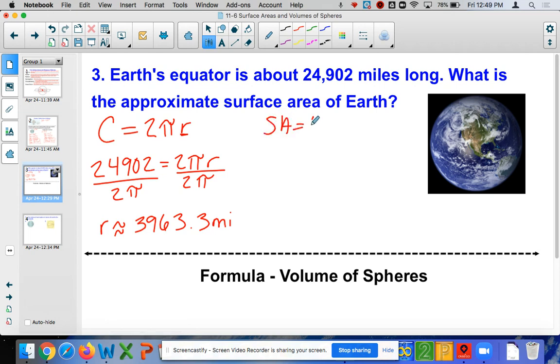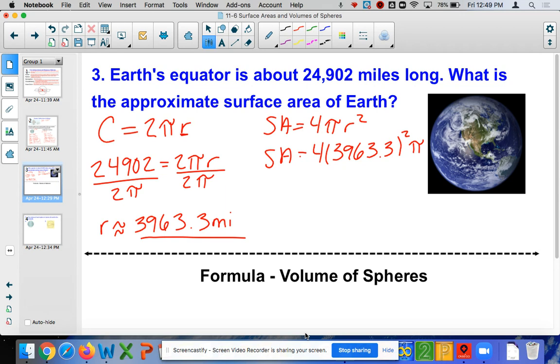We know surface area is 4 pi r squared. Nothing new. Take this decimal and square it right away. So 3,963.3 squared. I would leave it as that long, ugly decimal and then just square it.